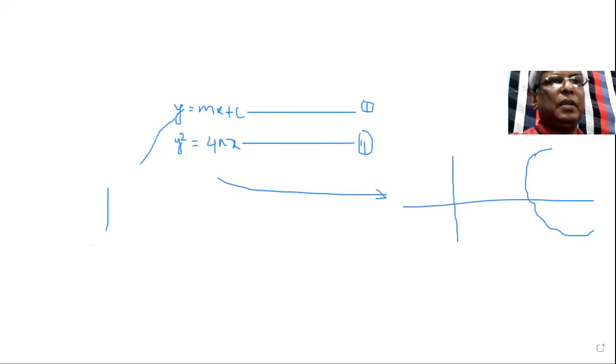Now the question is that, with the x-axis, y-axis, and this being the origin, this is the equation of your parabola.